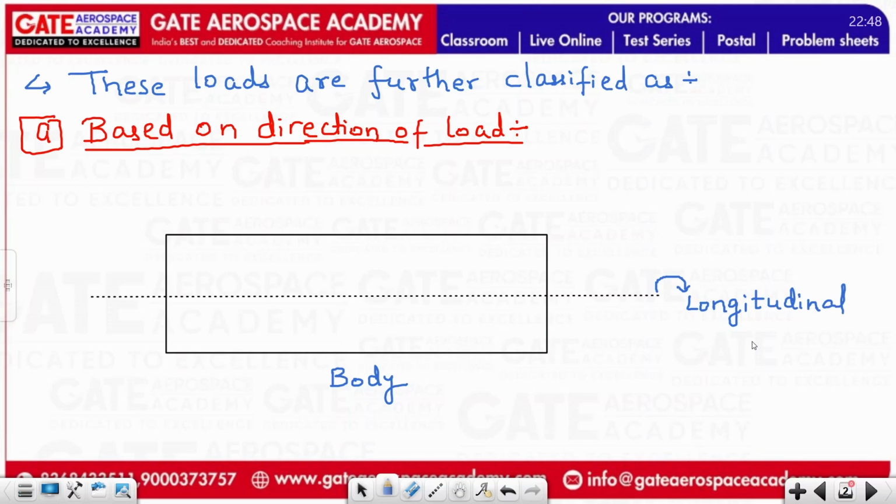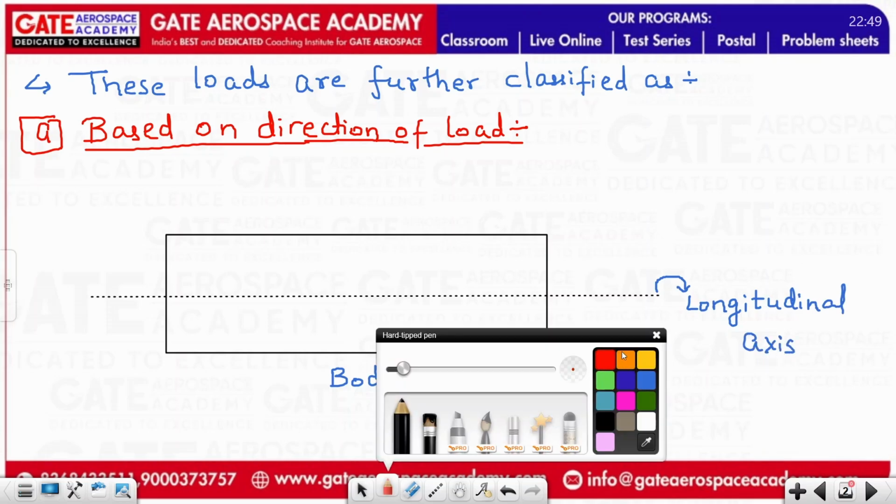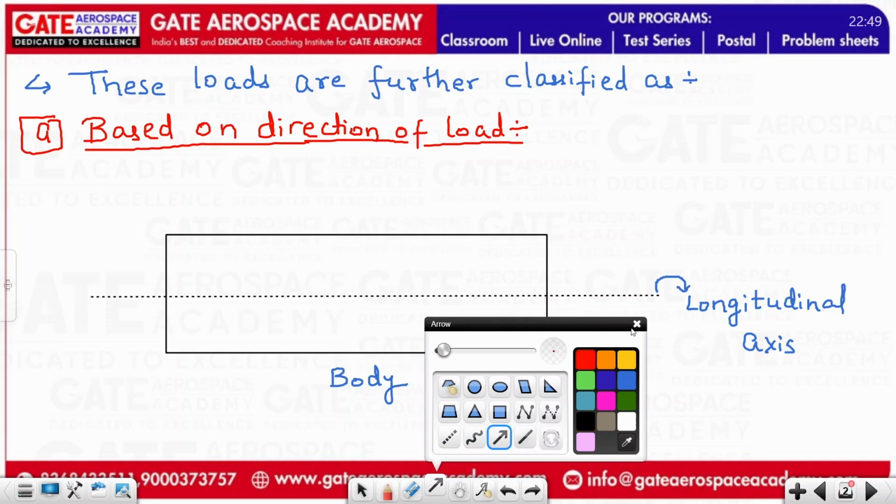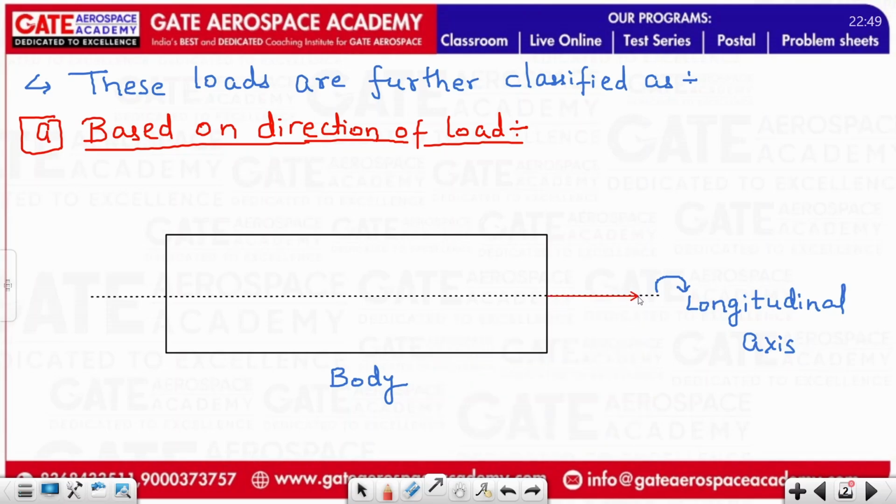If a load is applied parallel to this axis, from the center, this load will be termed as your axial load or longitudinal load. So this is one way to express the direction of load.